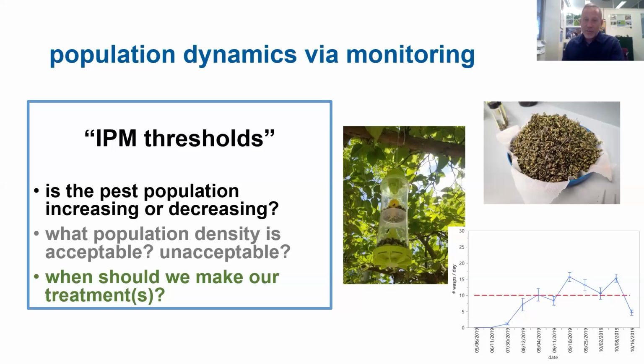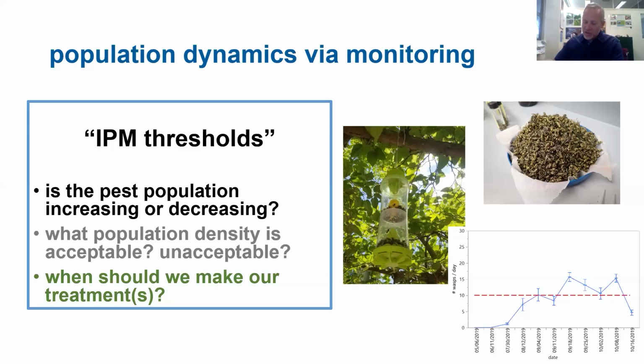And so that number, that threshold, has been estimated at 10 wasps per day per trap, using these heptyl butyrate lure traps. If we are using these traps throughout the season, we can see that the numbers are increasing, and we can see when the numbers actually surpass our threshold and make it very likely that somebody at the site is going to get stung.